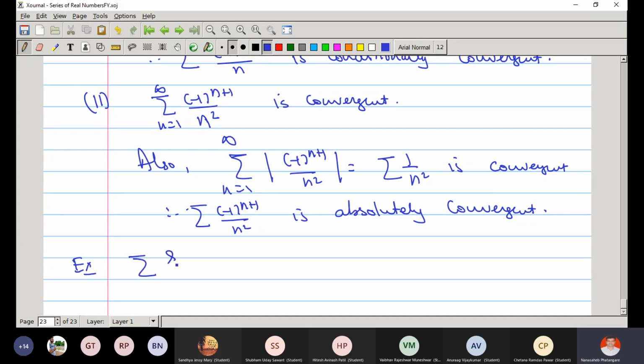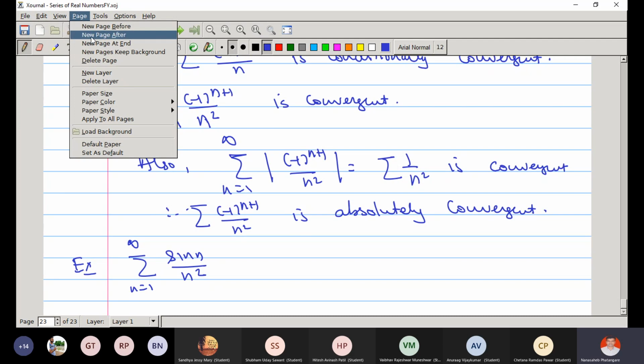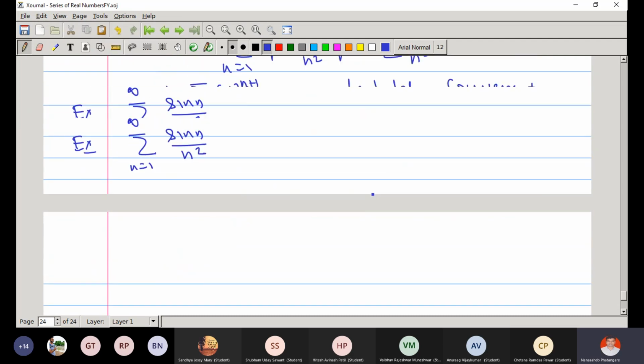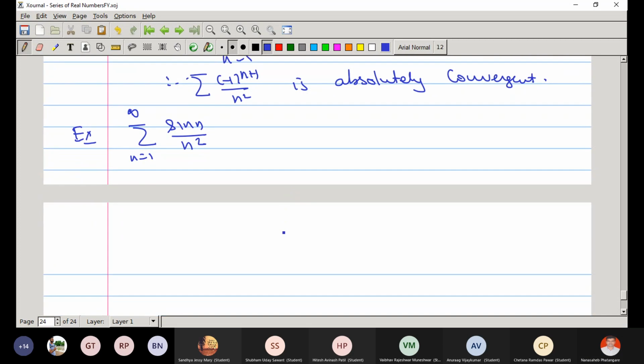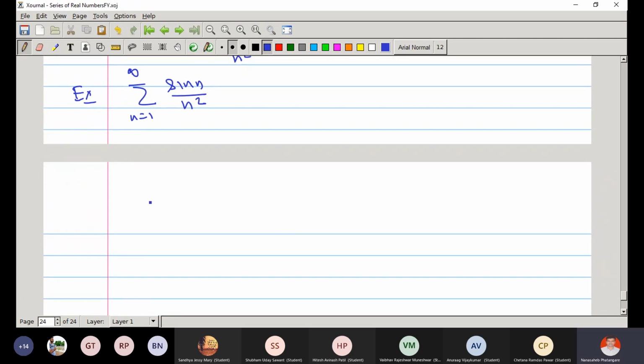Okay, now consider sine n upon n square. What can you say about this series? Is it convergent? Is this sum finite? Here an is sine n upon n square.